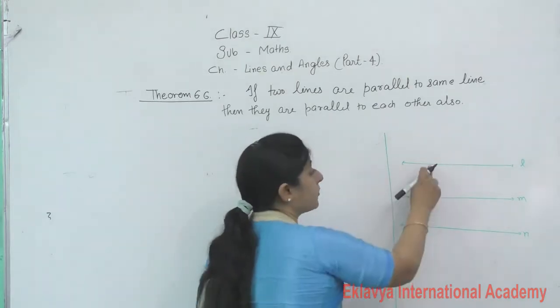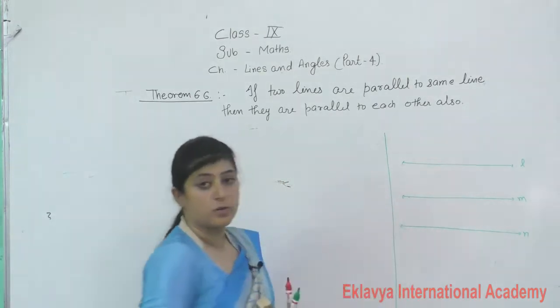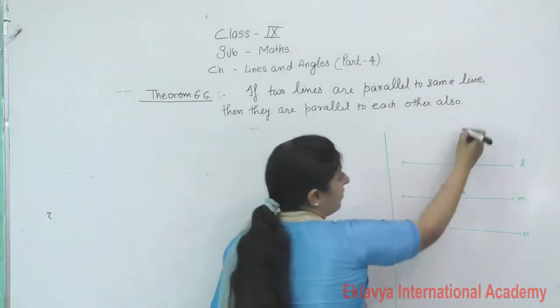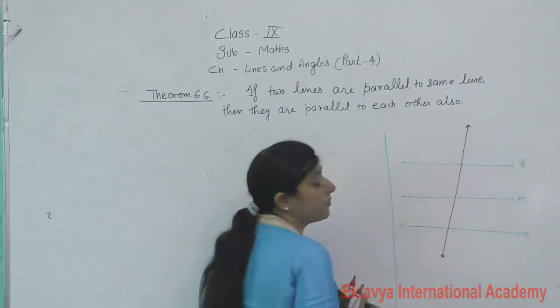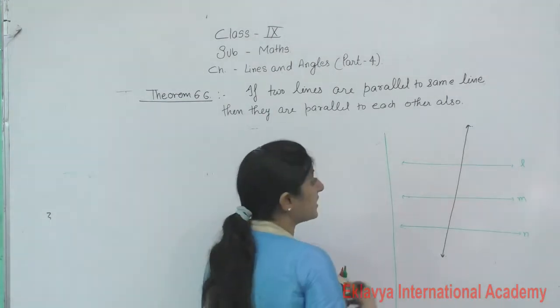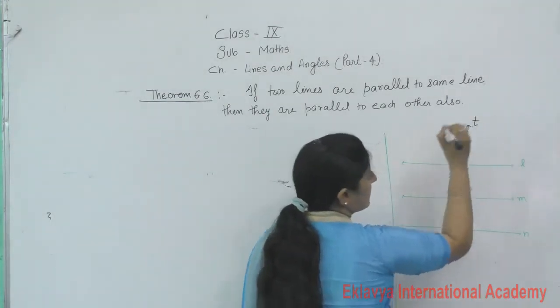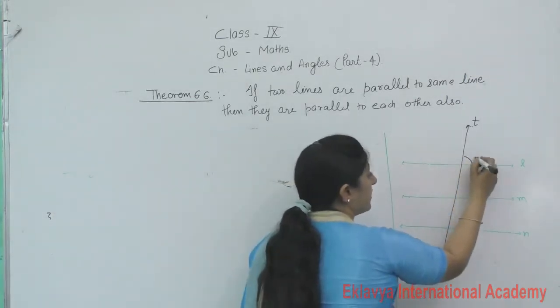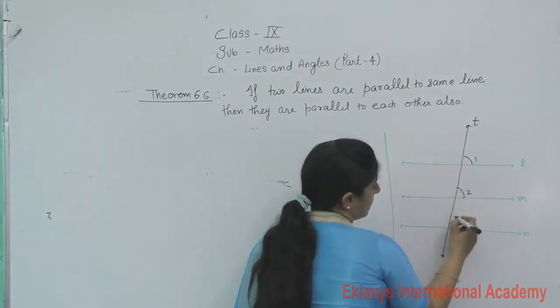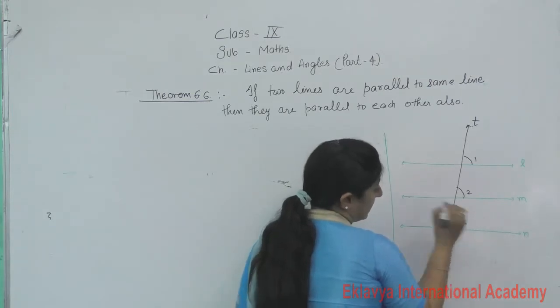It means we have to prove L parallel to N also. And for proving parallel, we firstly draw a transversal. Suppose this transversal is T. I take this angle 1, 2, 3.